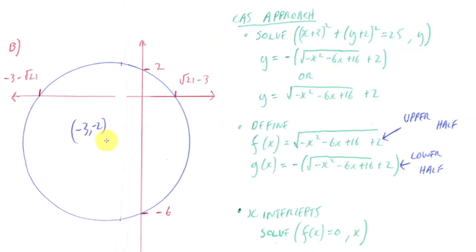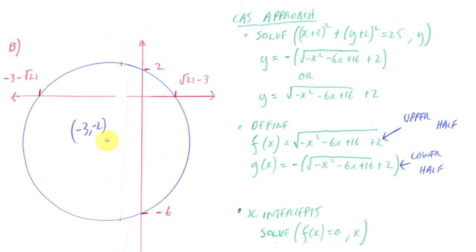So from there, now what I can do straight away is work out as low as I'm going to go and as high as I'm going to go, and that's really important for my domain and range. So as high as I'm going to go is going to be -2 plus 5 to give me 3. As low as I'm going to go, -2 take away 5, which is going to be -7.